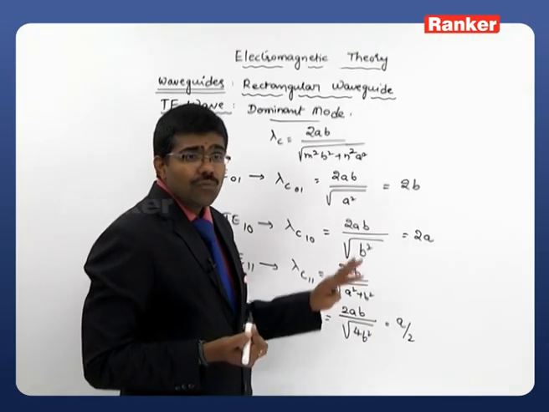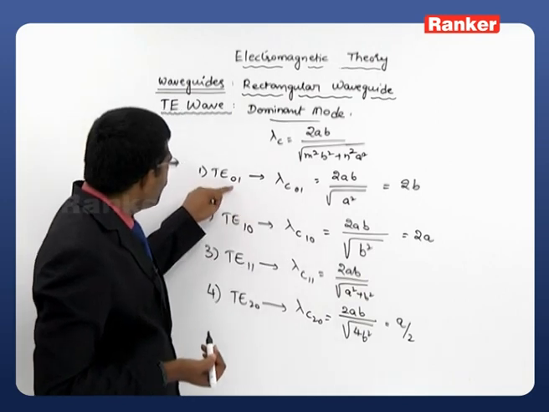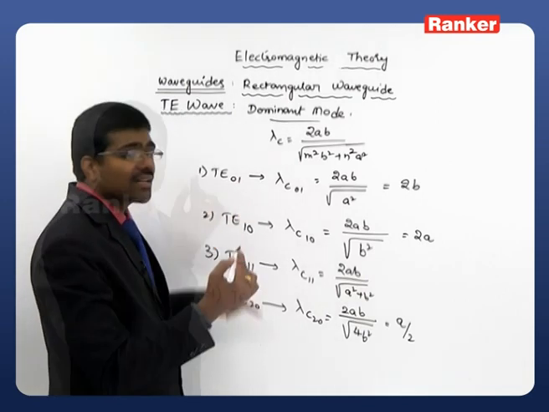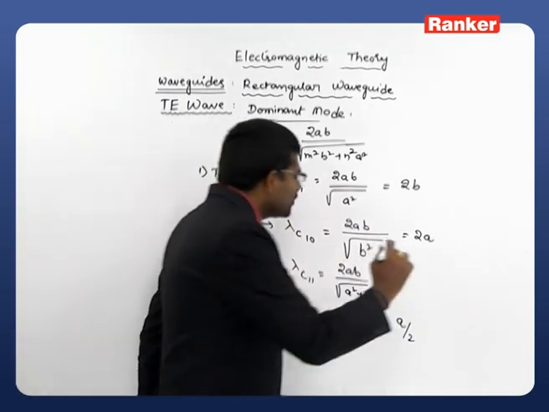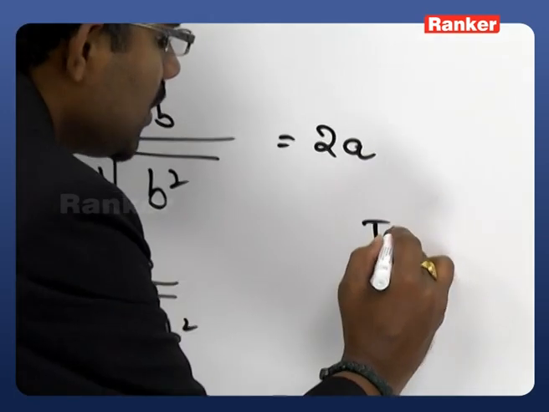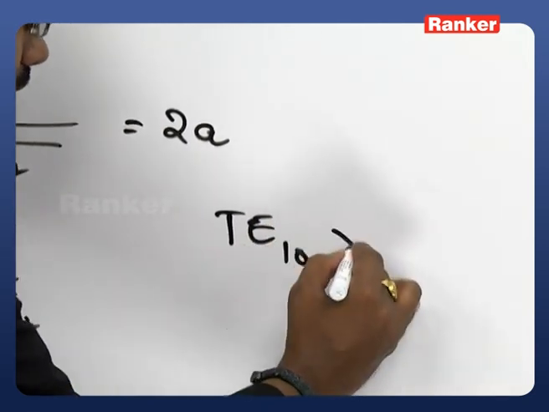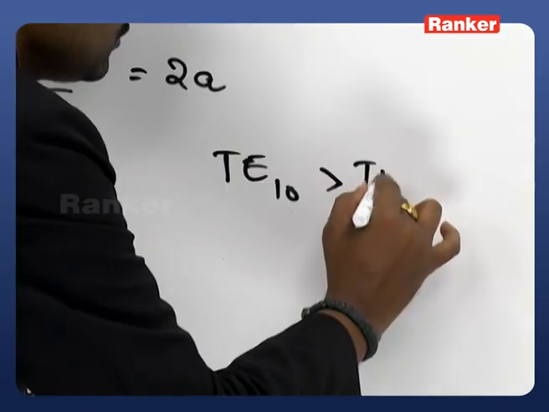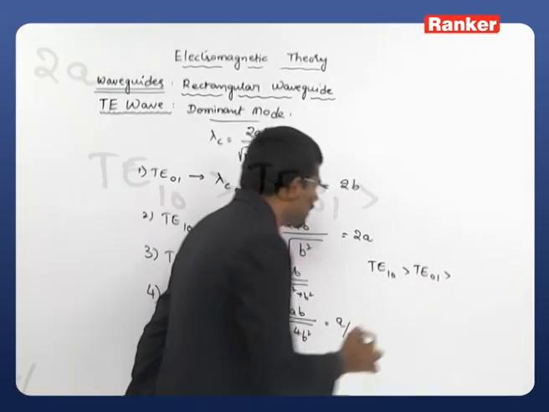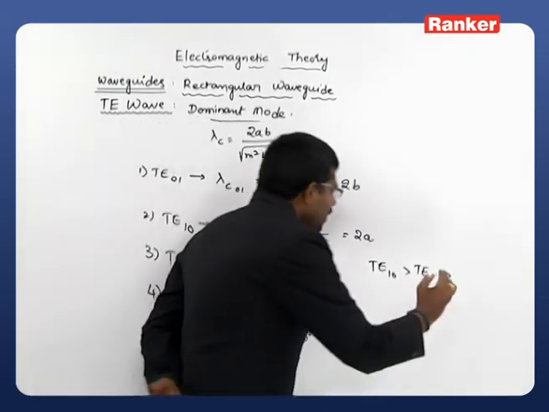Right? Clearly, if you are observing, the cutoff wavelength for TE10 is the greater value than all these things. So if you write down the relation, the cutoff wavelength for TE10 is greater than, clearly you can say, TE01, which is greater than this TE11.